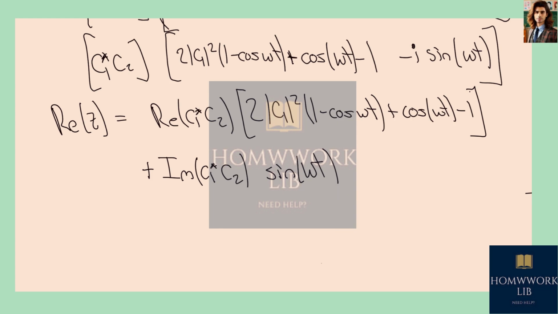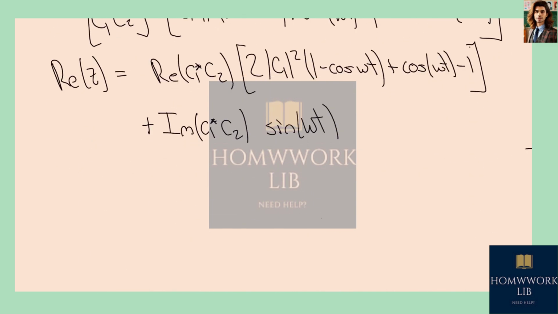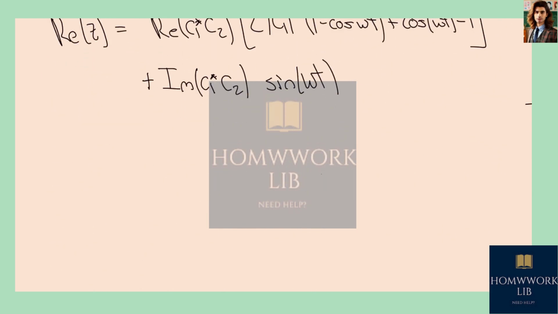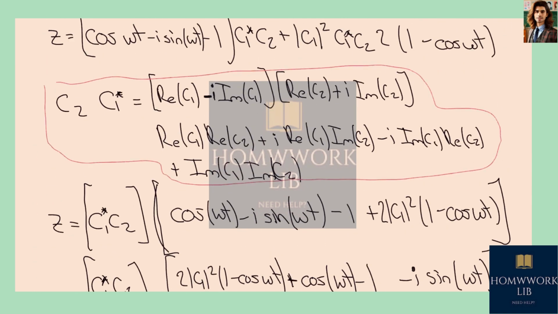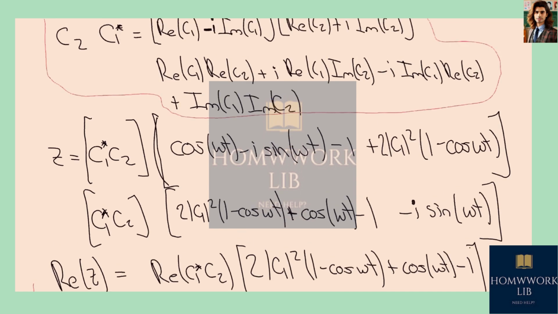If you want to express it directly, you can employ the section that we got here for the product of C1 conjugate times C2. So from here, what we know is that, let me put this as the result, and remember that the real part of C1 conjugate times C2 is going to be equal to, according to this section over here, real parts plus imaginary parts as products, right?